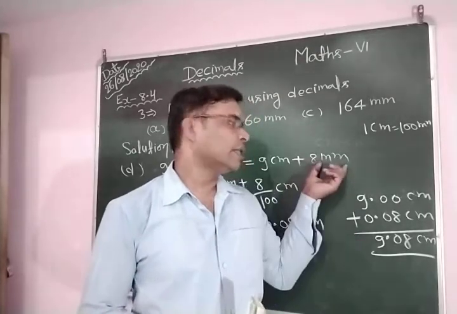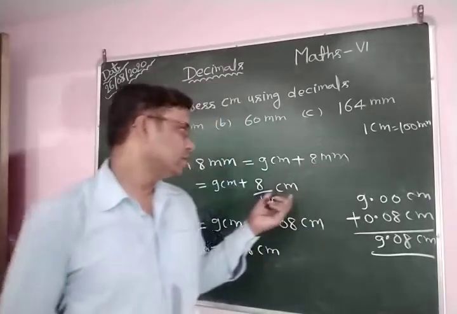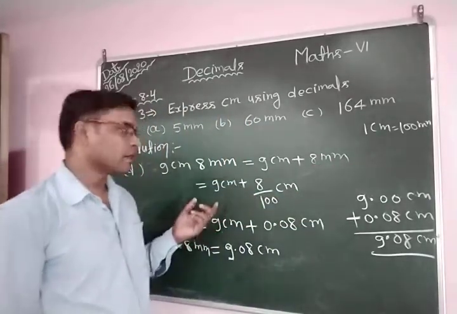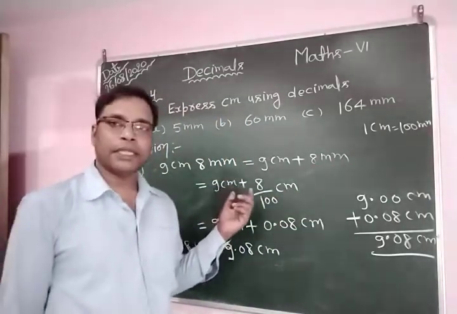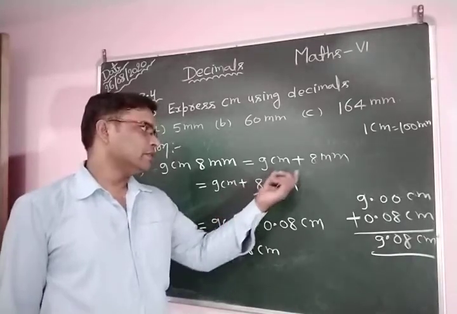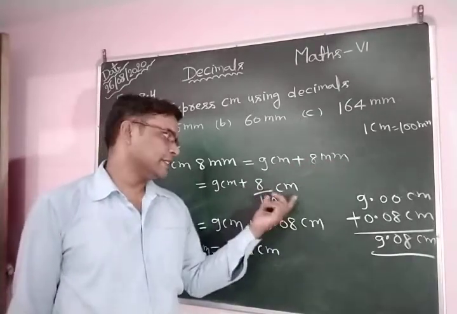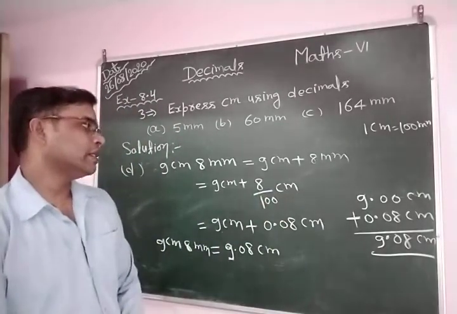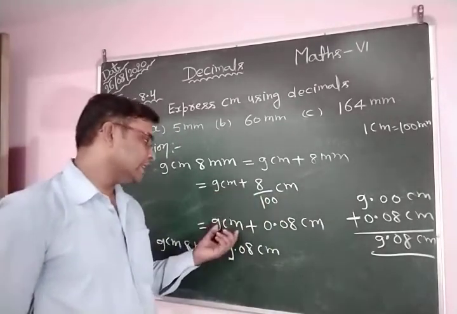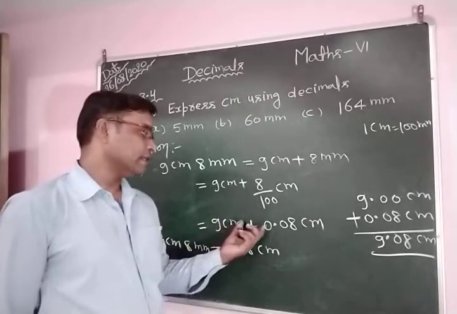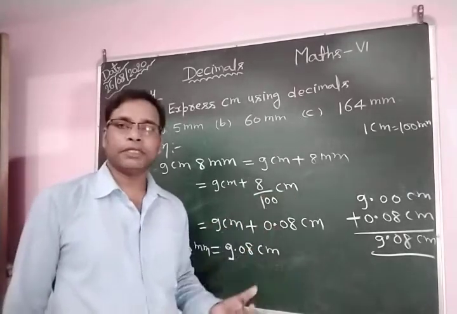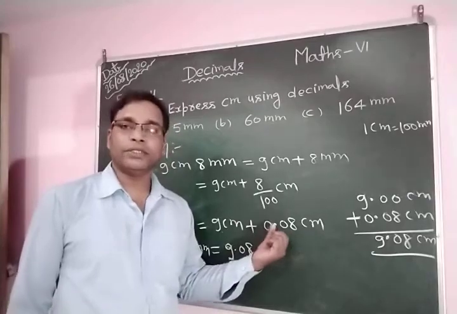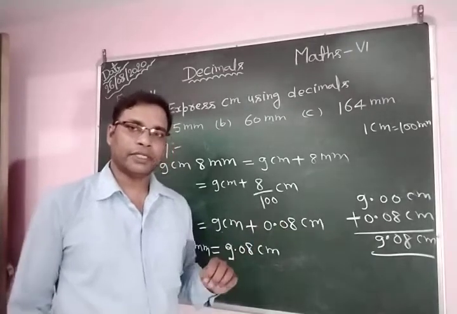So we have 8 millimeter. In the next step, 9 centimeter plus 8 millimeter, we convert 8 millimeter into centimeter, which is equal to 8 by 100 centimeter. After this we write 9 centimeter as it is, and 8 by 100 centimeters becomes 0.08 centimeters.